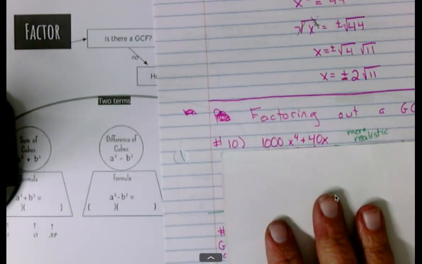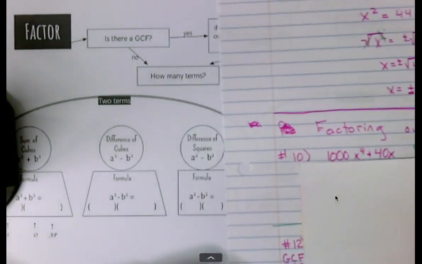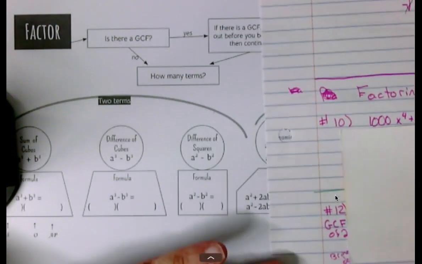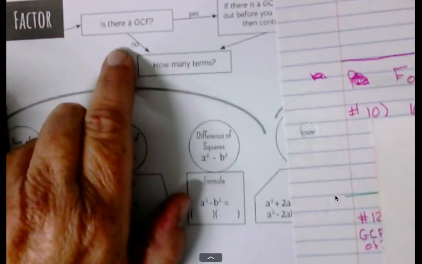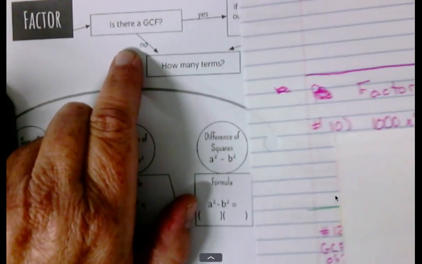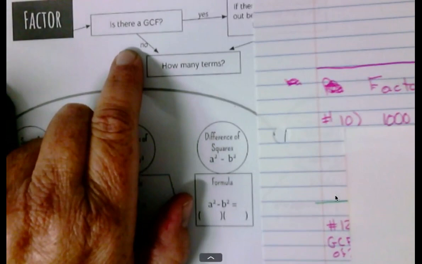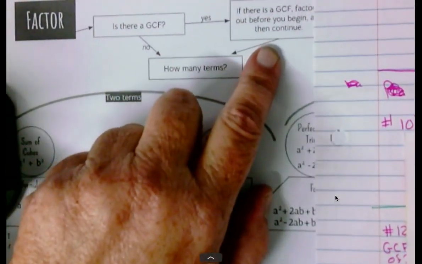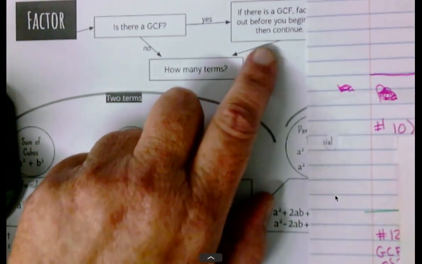1000x to the power of 4 plus 40x. If we look at this graphic organizer, the first thing it asks is, is there a GCF? Between 1000x to the power of 4 and 40x, there definitely is. If there is a GCF, you have to factor it out before you begin anything else.